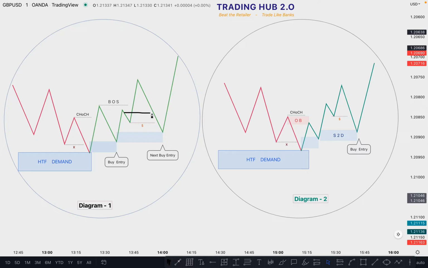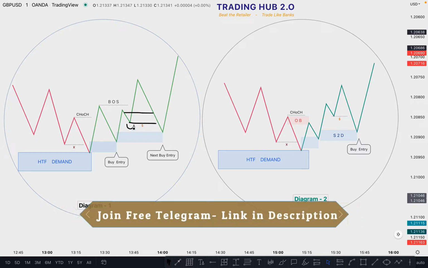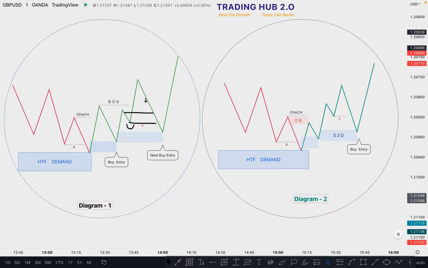If you are looking here for a buy, most traders put the stop loss just below it. You buy here and put the stop loss just below it. What happens is the market taps here, sometimes gives a reaction, collects all the stop losses and goes higher like this. So this is our first entry criteria on the buy side after CHoCH and BOS.